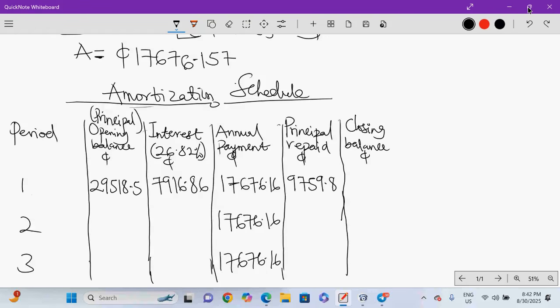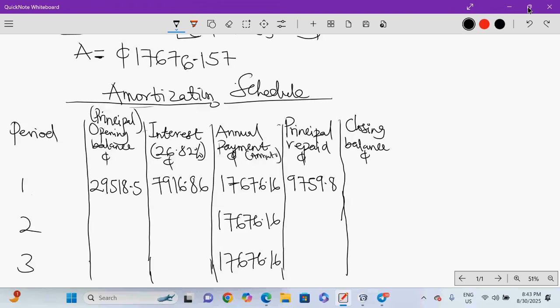I said that this annual payment, the equal payment that we pay each year, 17,676.16, is the annuity. When you pay it, it includes both the interest and part of the principal. If you take a loan from the bank and they tell you to pay this every year, that amount takes part of the interest and part of the loan.